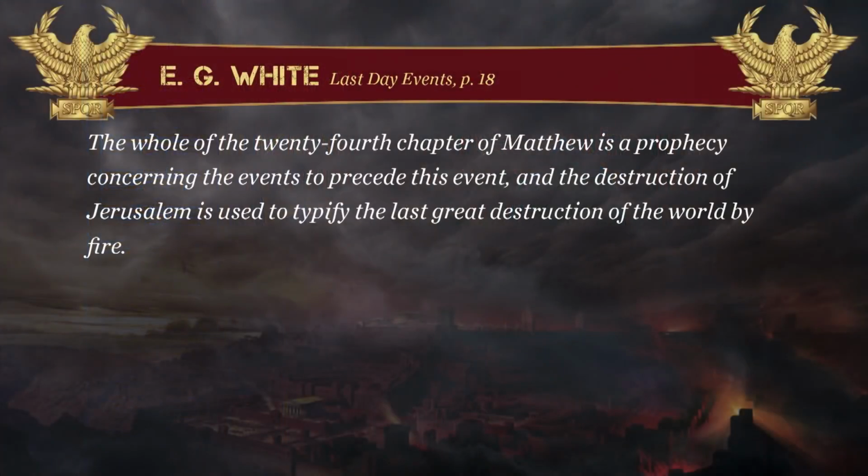Ellen White makes this clear repeatedly in her writings. I want to read several of these. Last Day Events, page 18. Christ forewarned his disciples of the destruction of Jerusalem and the signs to take place prior to the coming of the Son of Man. And then she states this very important detail. The whole of the 24th chapter of Matthew is a prophecy concerning the events to precede this event.